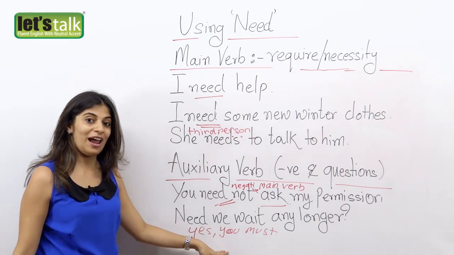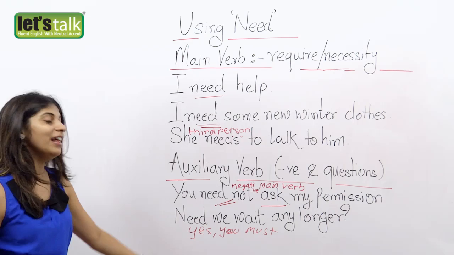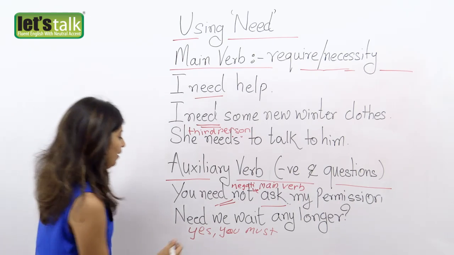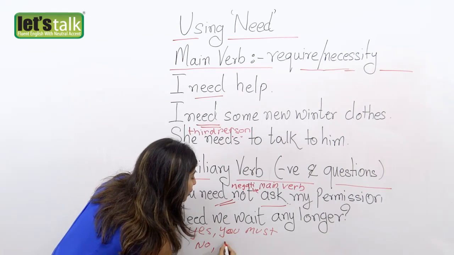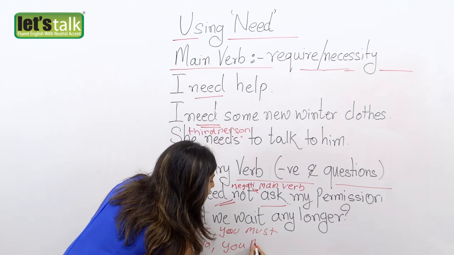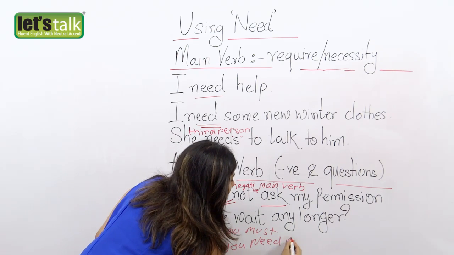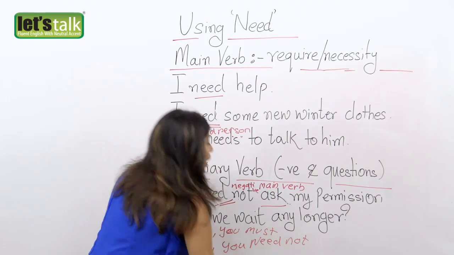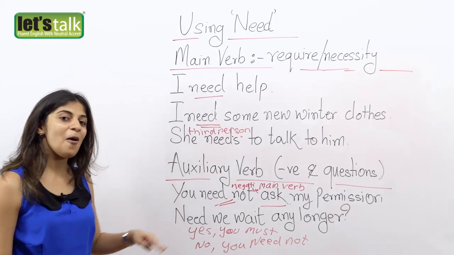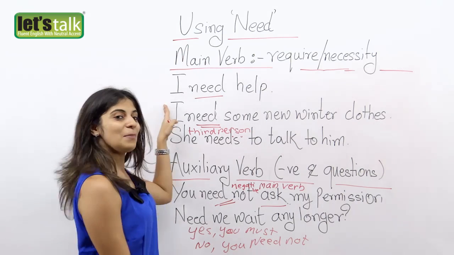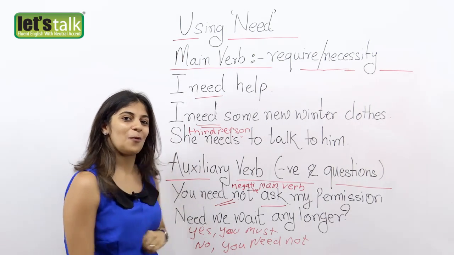And if your answer is negative to this question, then you would say, no, you need not. So now this explains that how we used the word need as a main verb and as an auxiliary verb.